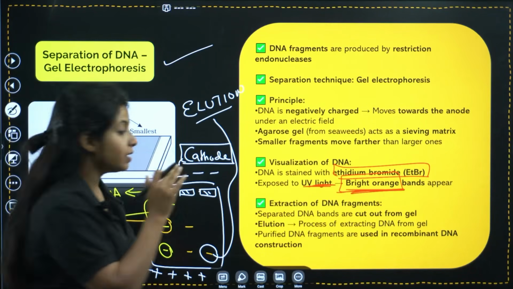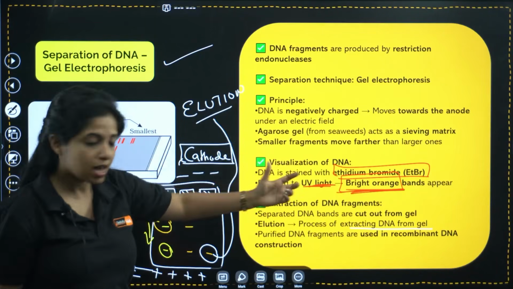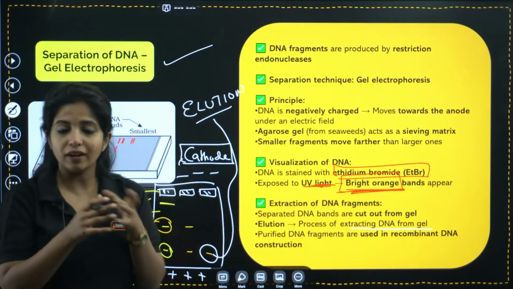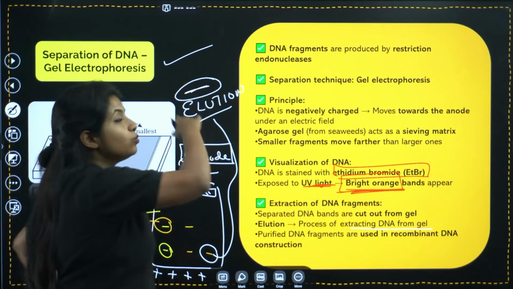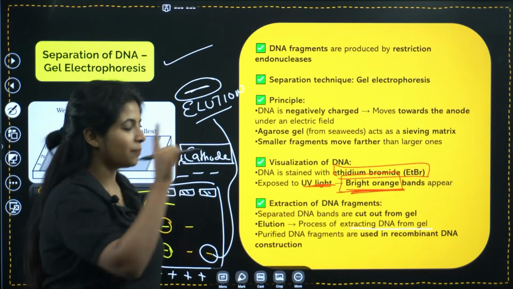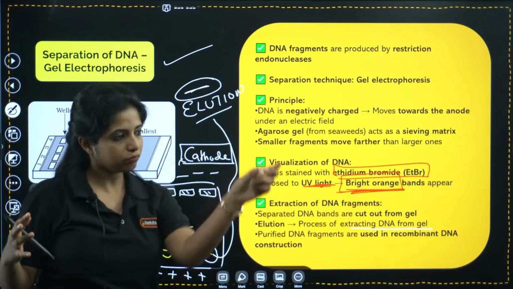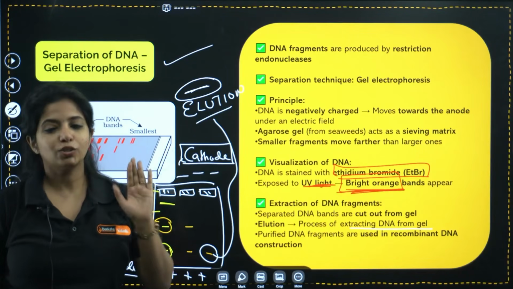The process of extracting the DNA from the gel is known as elution. The purified DNA fragments are used in recombinant DNA construction. The purified DNA fragments that you get over here, you are going to use inside the recombinant DNA technology. You take this, put it in the vector, and then you do whatever you want. Got it? This is very, very important.